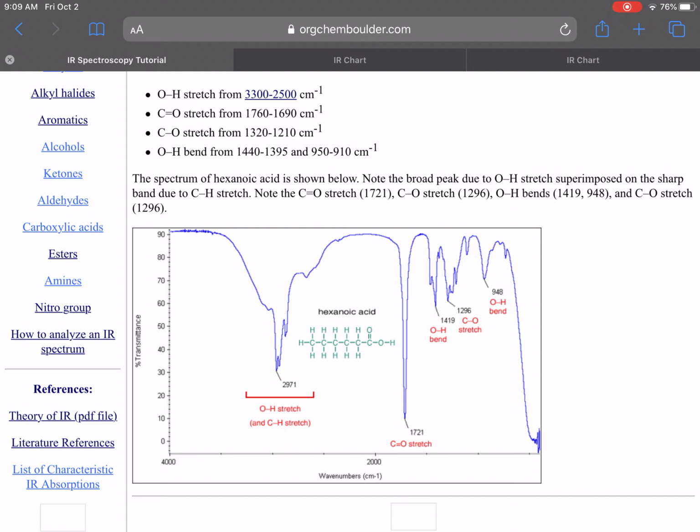Then once it gets out of the sp3 CH stretch region, it broadens back out and finally finishes its curve at about 2,500 or so. This is a very characteristic representation of an acid OH. So do be aware that they look very different from each other. If you see this weird amalgamation of peaks plus your carbonyl, you've probably got a carboxylic acid.